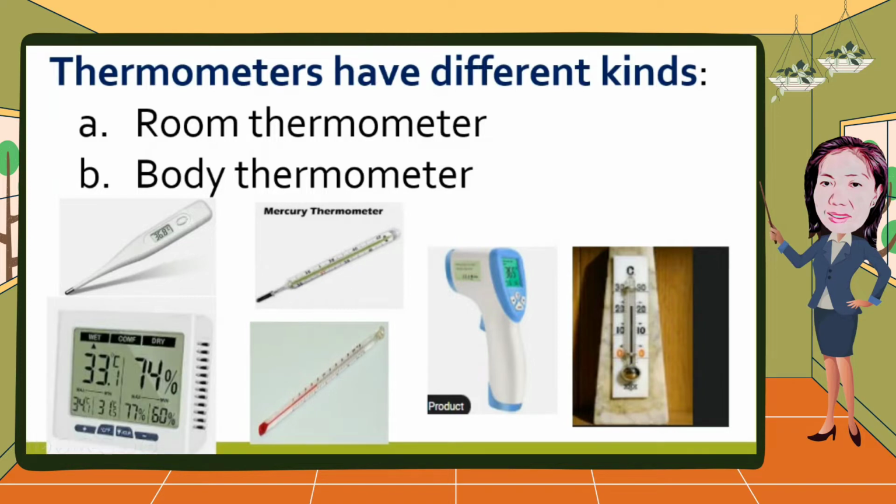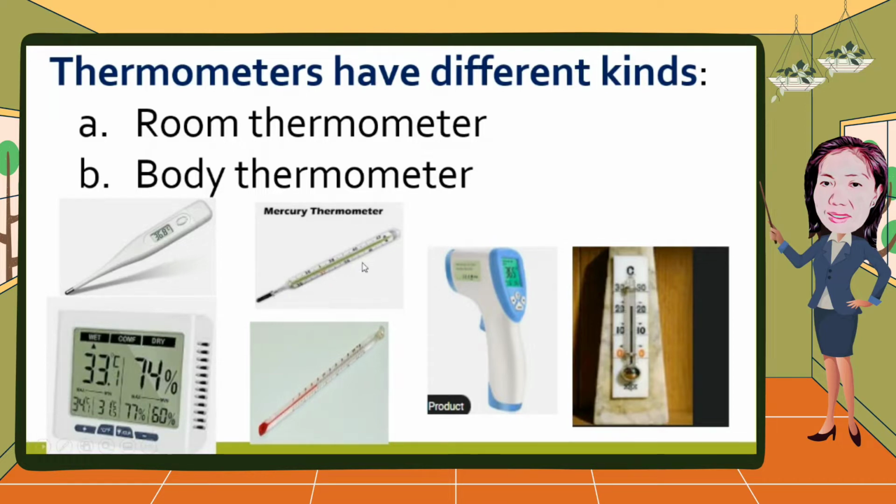So before, our school provided a mercury thermometer, but this time, mercury thermometer is not advisable to be used. Only alcohol thermometer is provided for us because mercury is dangerous to our health.